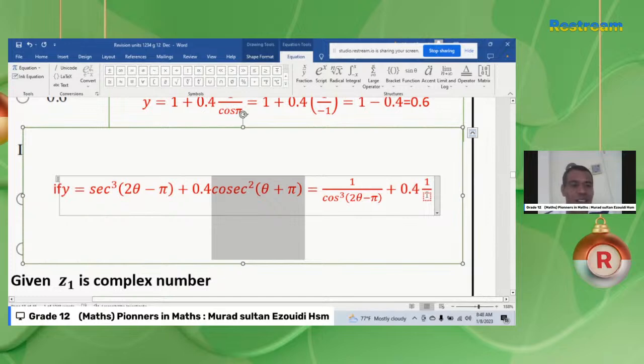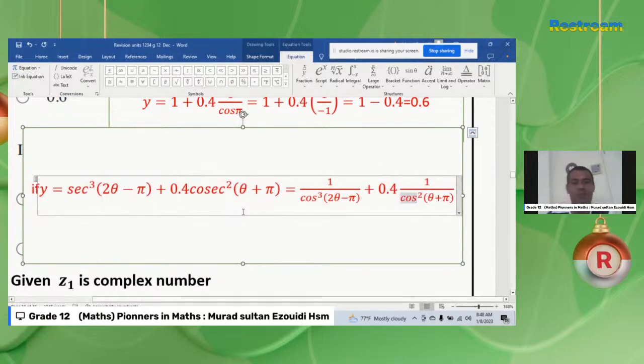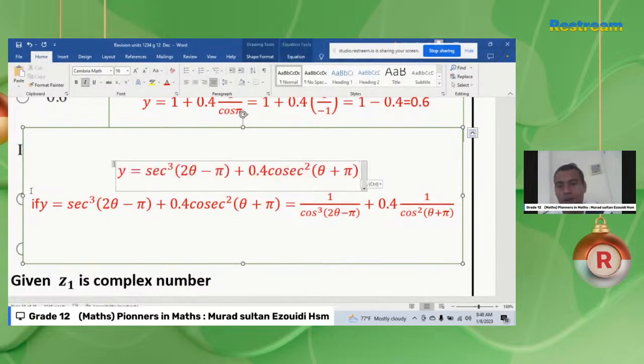So as I wrote this with the reciprocal functions, now I can substitute the given angle. For example, now the question is: find y if y equals sec cubed of 2 theta minus pi plus 0.4 cosec squared of theta plus pi.